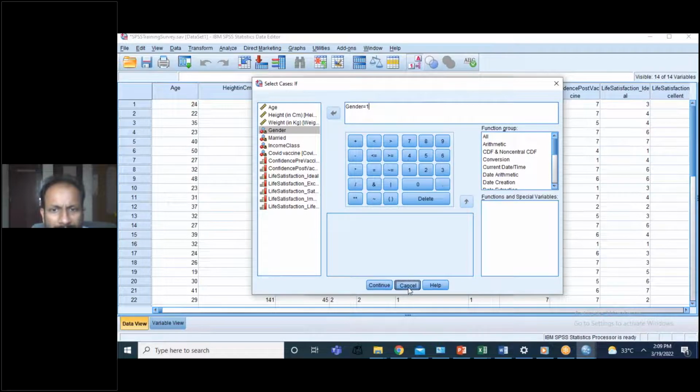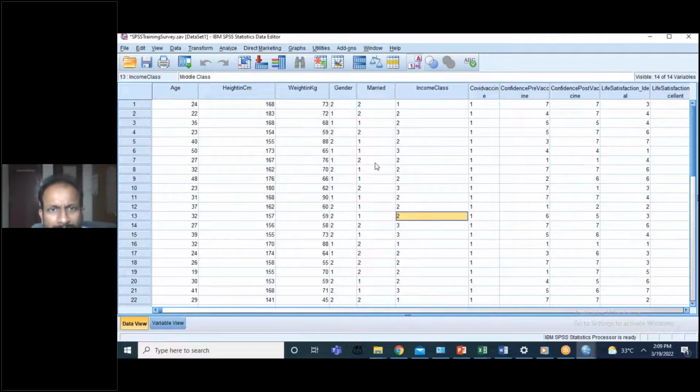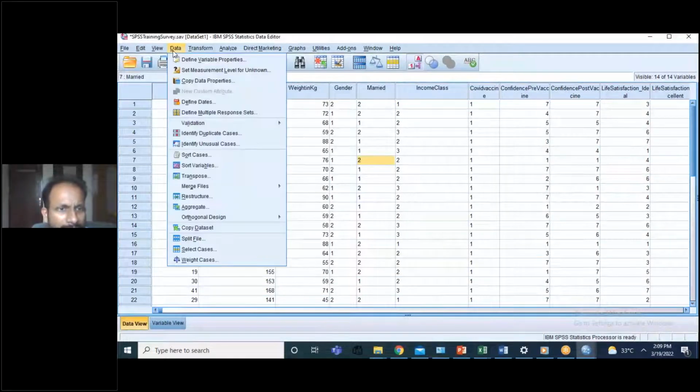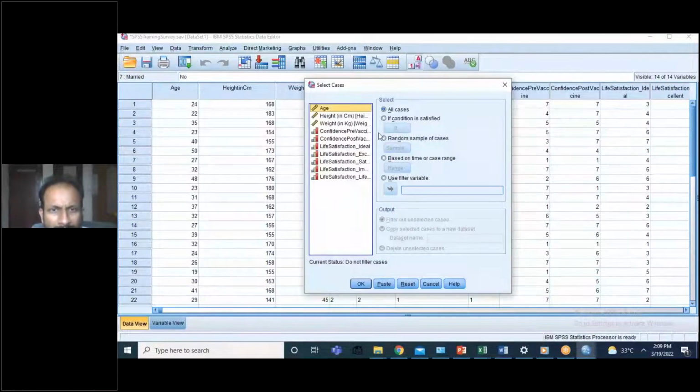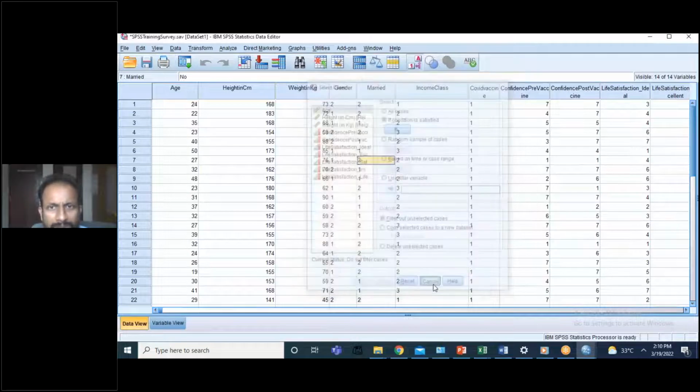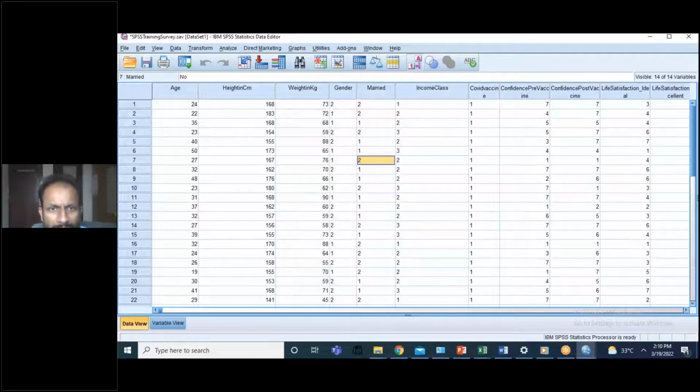Why is it not showing? Okay, gender. So it is not in this format.